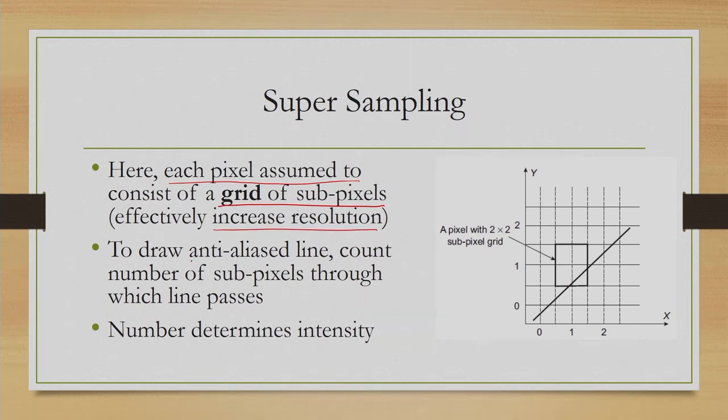Now, to draw anti-aliased lines, we count the number of subpixels through which the line passes, and this number determines the intensity to be applied. For example, here this whole square is a pixel which is represented with a 2 by 2 subpixel grid.